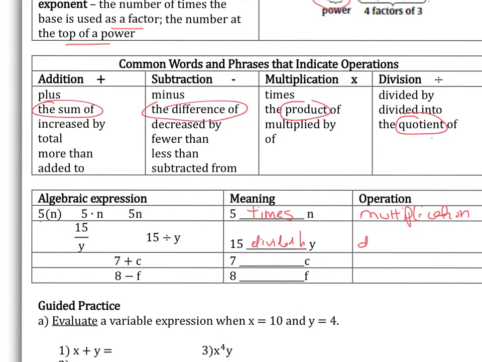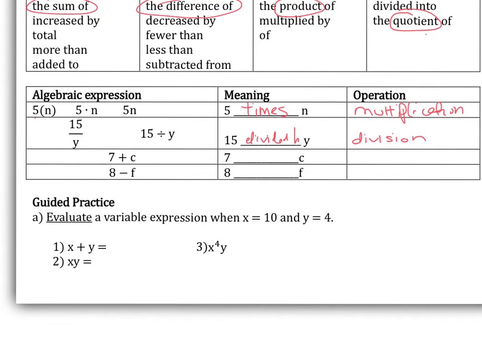Division. 7 plus c will be the next one, and we're using addition. The next one will be 8 minus f, and that will be subtraction.